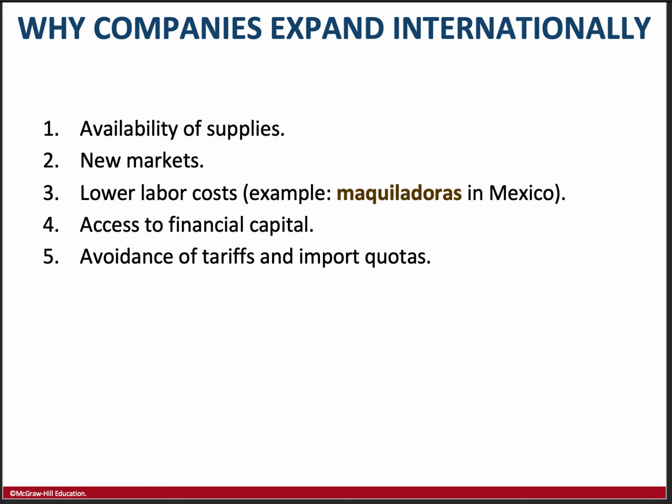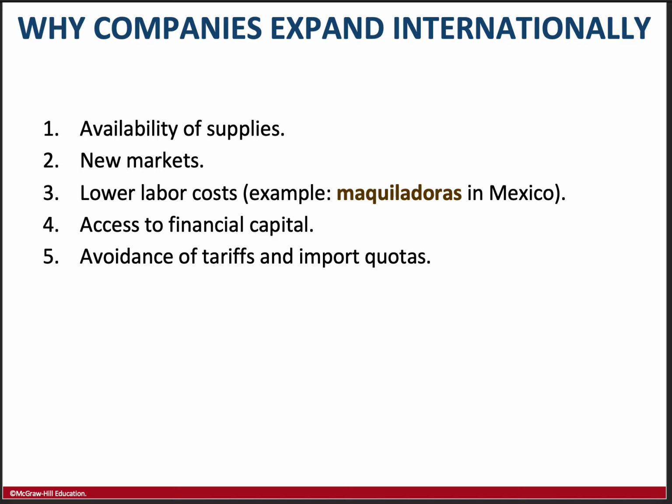Looking at the list, of course, we have availability of supplies. Overseas, you have raw materials for your products that may be cheaper, and you may actually have more access to those supplies. In new markets, you may find more demand and more customers for your products overseas. As I mentioned, the lower labor costs.